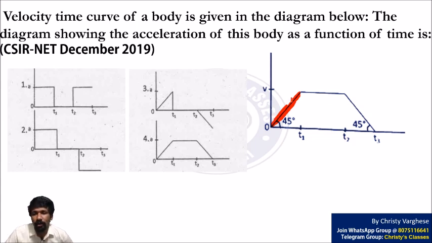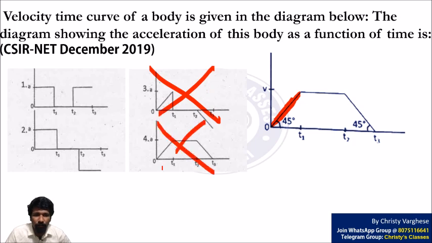If the increase of velocity with respect to time is constant, acceleration will be constant, or parallel to the x-axis. That means the third graph and fourth graph are wrong, because there the acceleration is also increasing. That is wrong. For that, there should be an exponential curve.